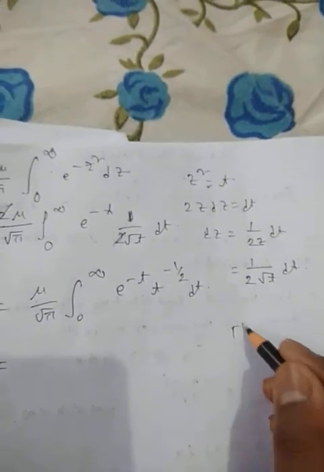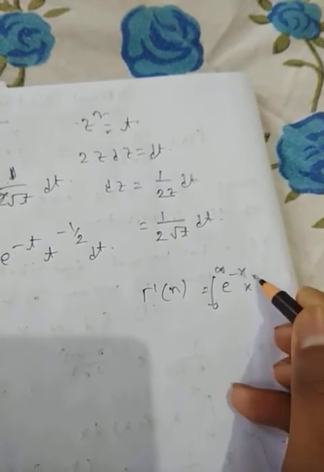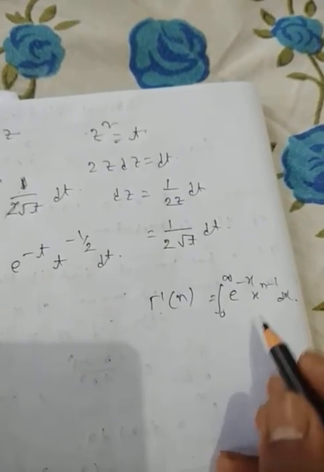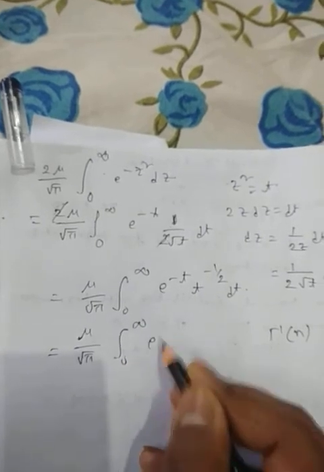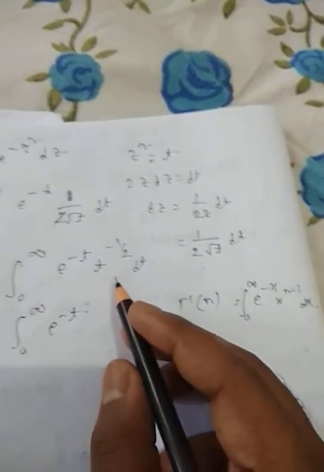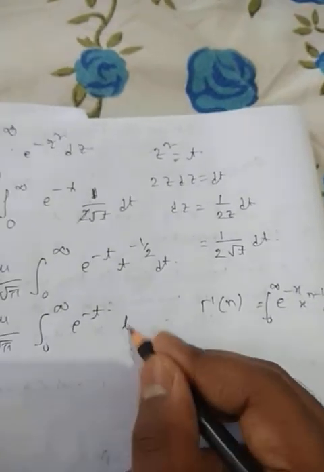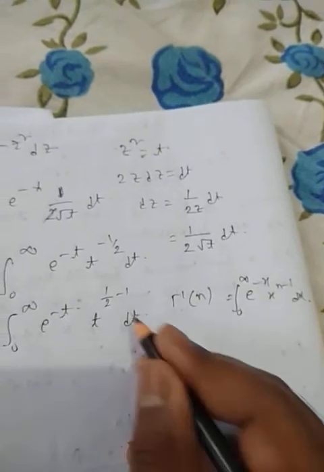Now you remember the gamma function. The definition of gamma n is the integration 0 to infinity of e to the power minus x, x to the power n minus 1 dx. If you compare this form with that form, here it is e to the power minus t, and t to the power minus half can be written as half minus 1, so the value of n is half.